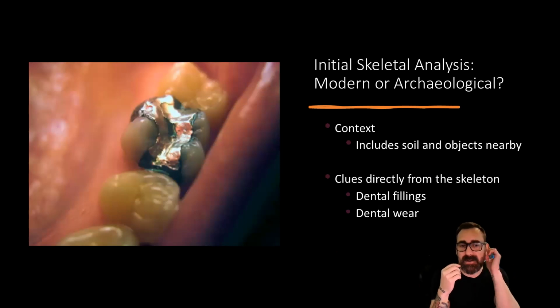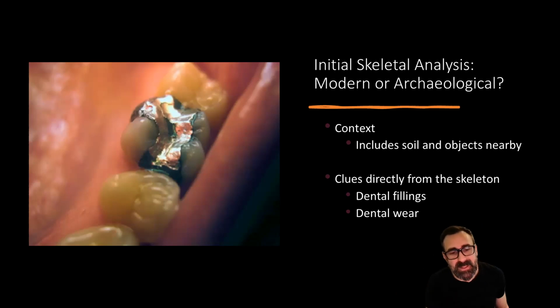modern dental fillings, enamel dental fillings, that might be indicative of a modern skeleton because the new tooth-colored fillings are recent. If you see silver fillings in teeth, we still do silver fillings, some people do, but that could represent something that's a bit older also, so you've got to figure that out.